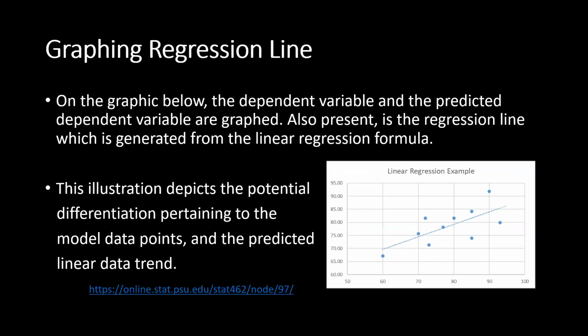Now, if we were to graph our linear regression line, it would look something like this, and I'll show you how to create this momentarily. What we have here as far as the dots are concerned on our graph, these dots represent an x value and its corresponding y value.